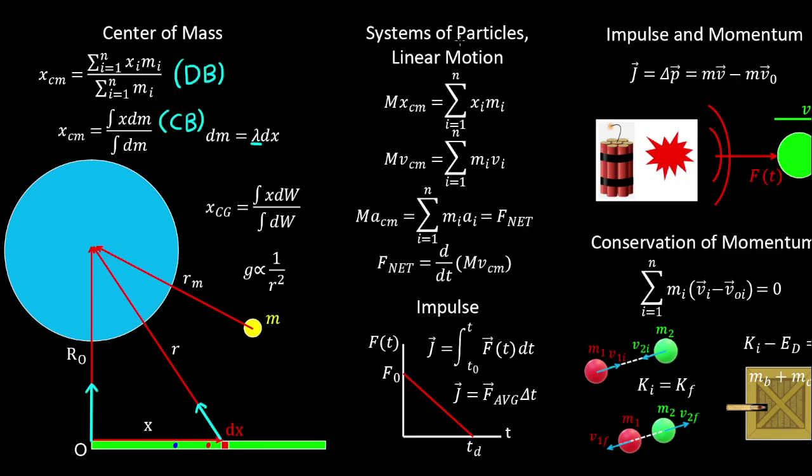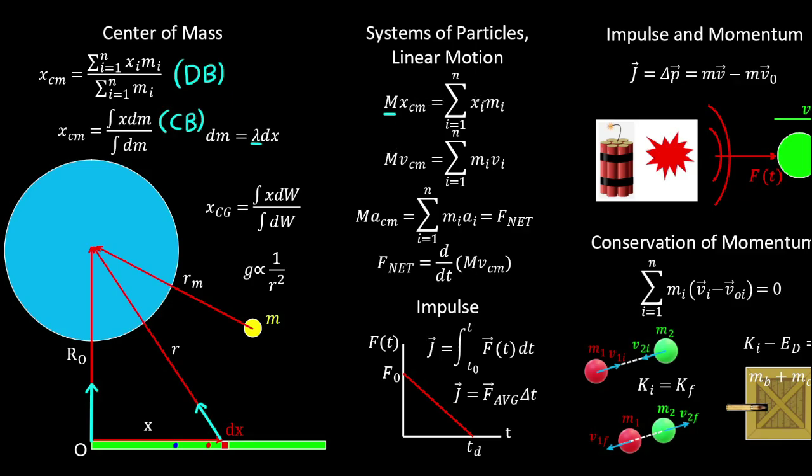And also be familiar with the linear motion of a system of particles. So if we take m as the total mass of the system of discrete particles and multiply it by the position of the center of mass, we get the sum of the distances by the mass of the particles from the selected origin.